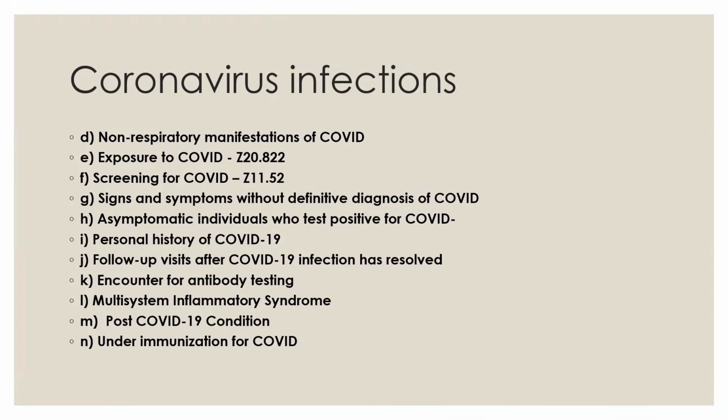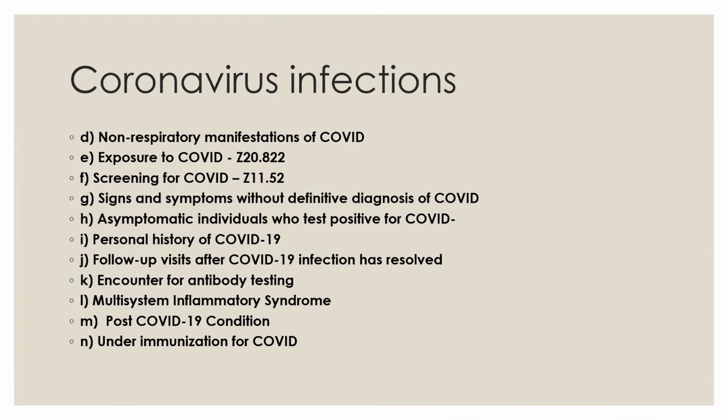If there is post-COVID sequela, associated signs or symptoms that develop after the COVID infection ends, you're going to use U09.9. And just remember, code U09.9 should not be assigned for manifestations of an active or current infection.